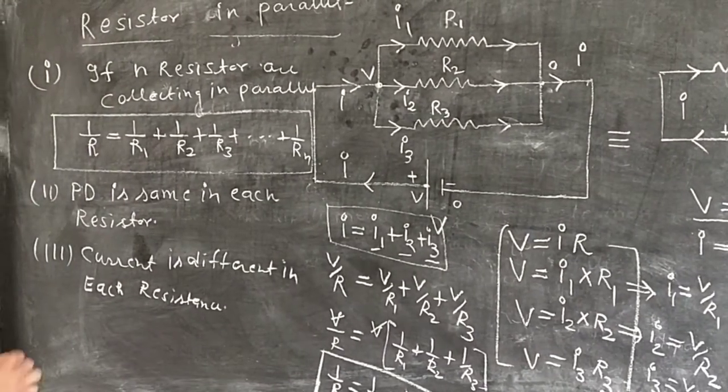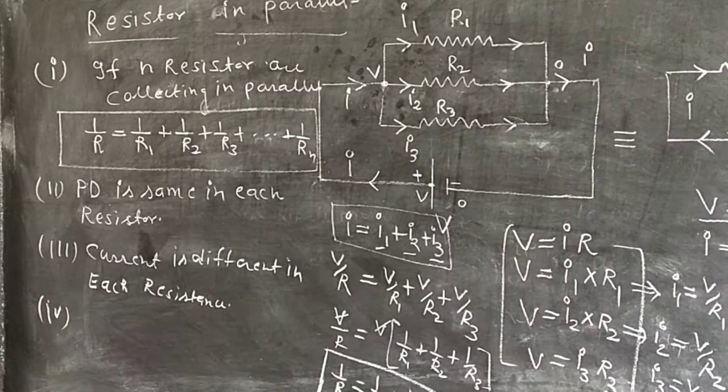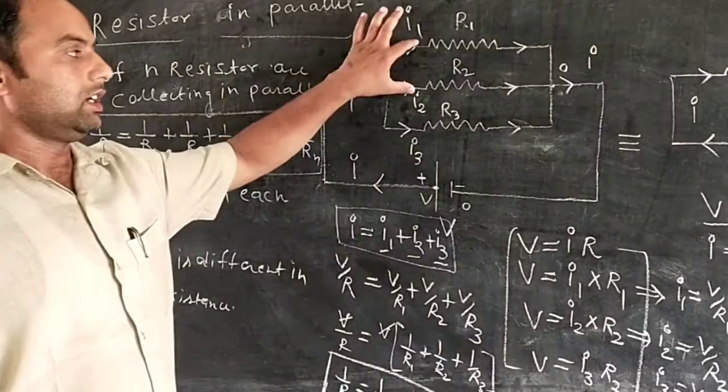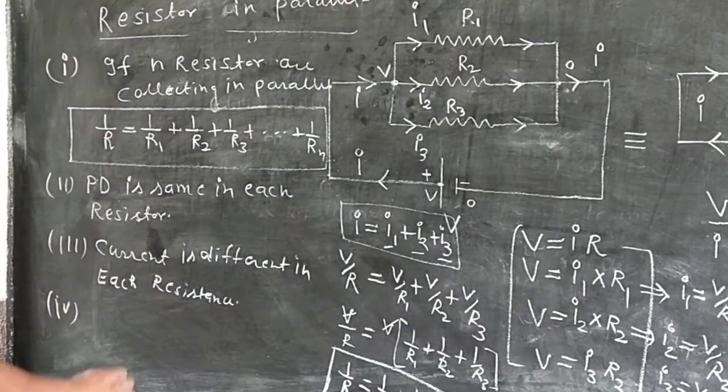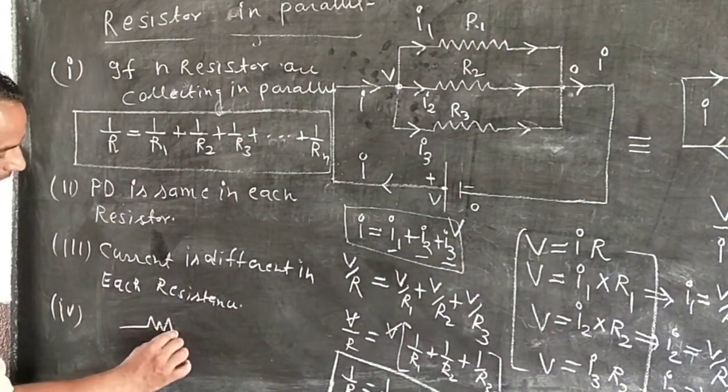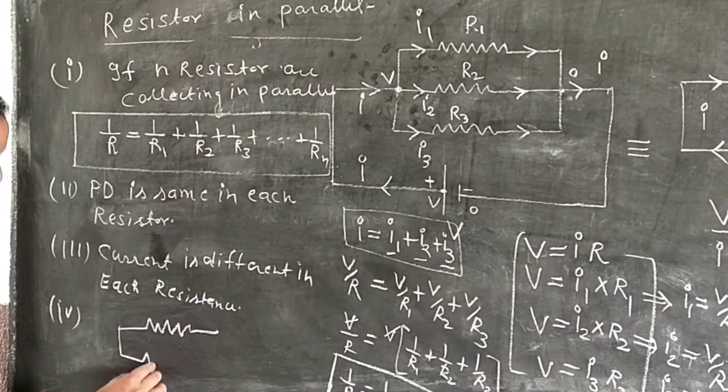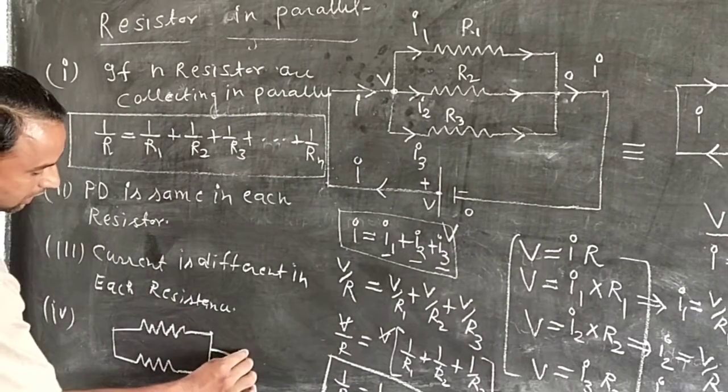And another important result we have to remember: in numericals, generally 2 resistors are connected in parallel. Here we want to avoid lengthy calculation, so we use a direct trick.